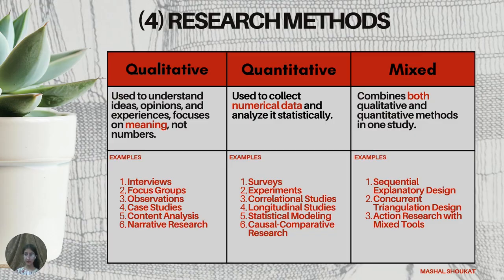In quantitative, we focus on numbers and measured data, and we mostly use charts, tables, and numbers in this type of research. For example, some examples include surveys, experiments, correlational studies, longitudinal studies, and etc. And finally, we have mixed. In mixed, we include both the qualitative and the quantitative methodology.